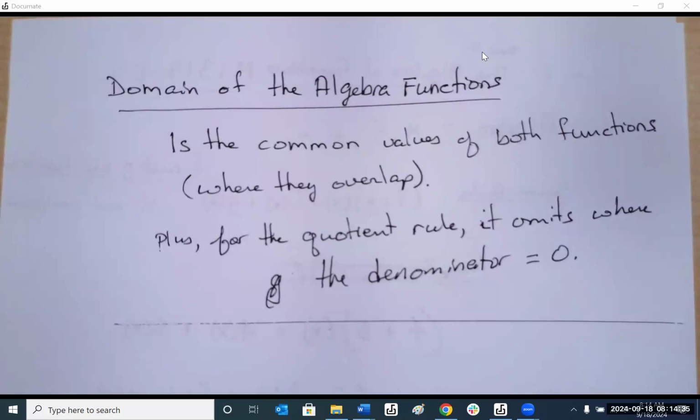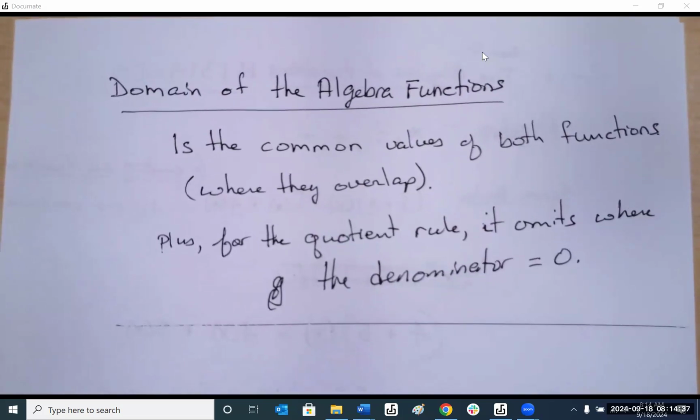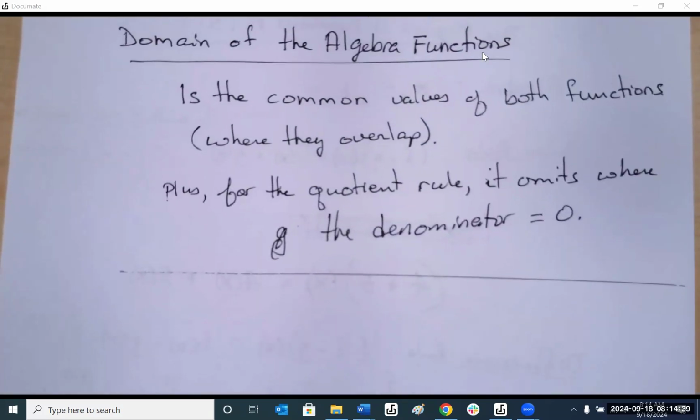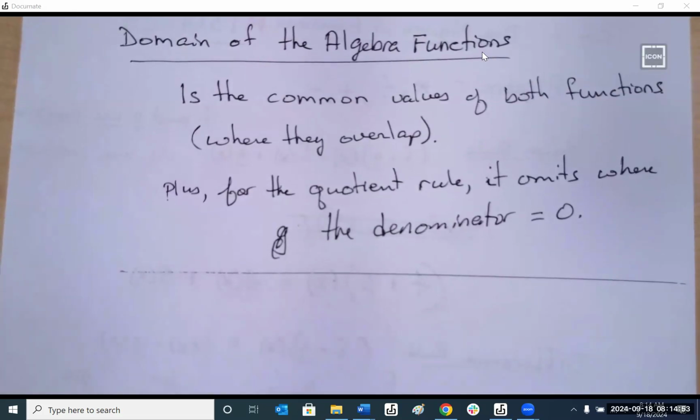Right. Two functions can only be combined if they exist together, because if one of them only accepted negative numbers and the other one only accepted positive numbers, then you couldn't put numbers in there because you can't put them in both functions.